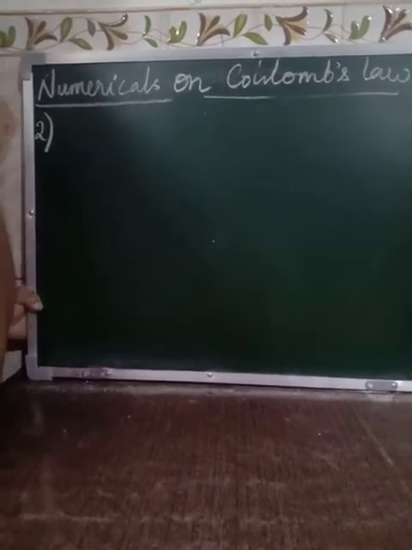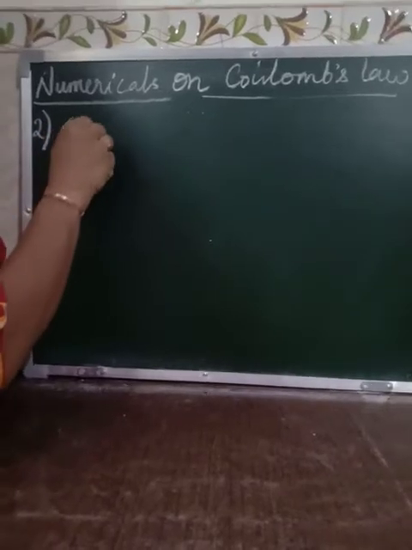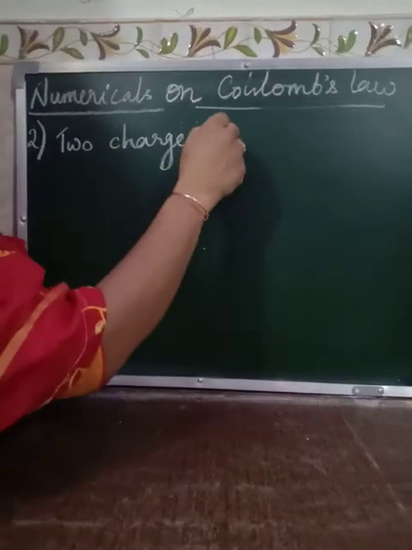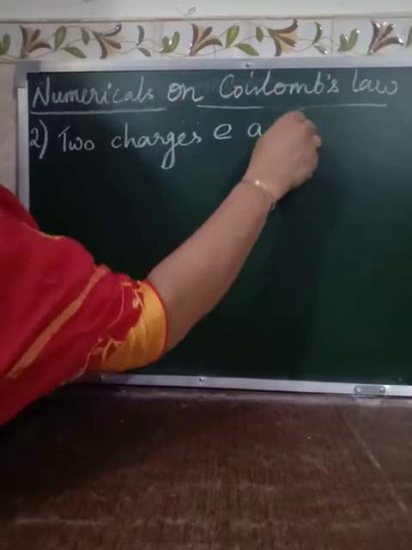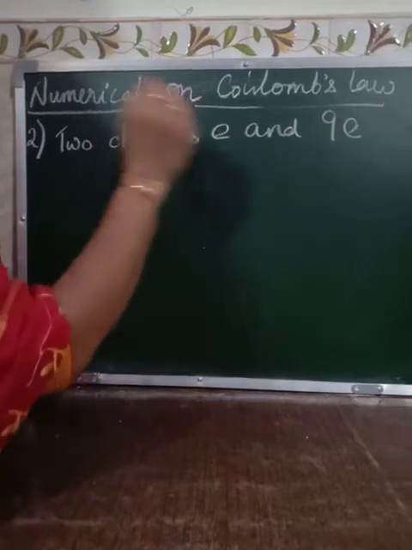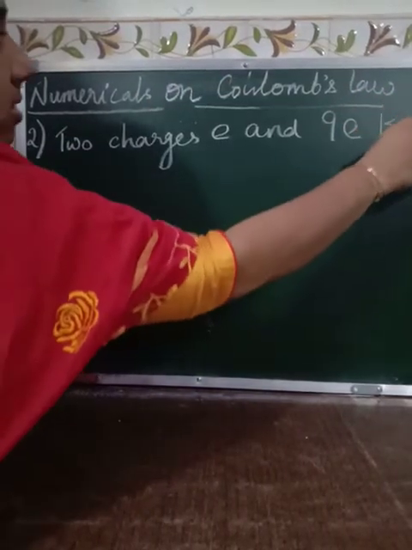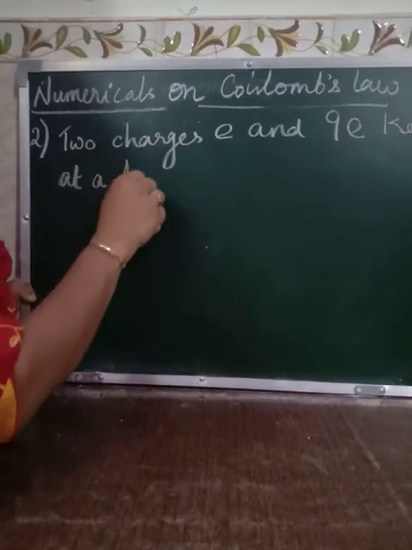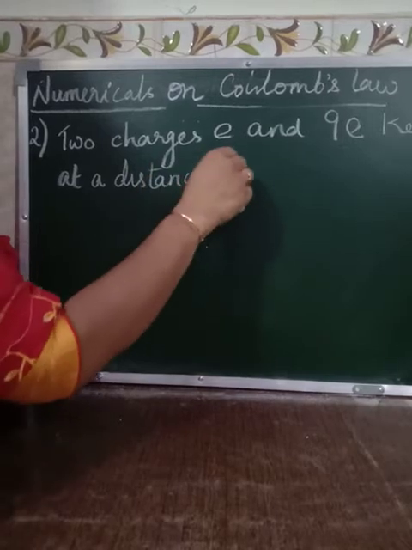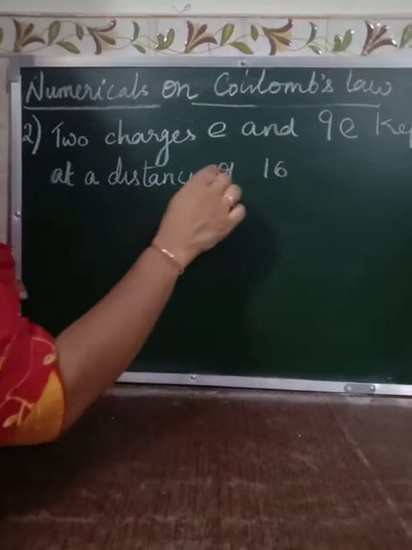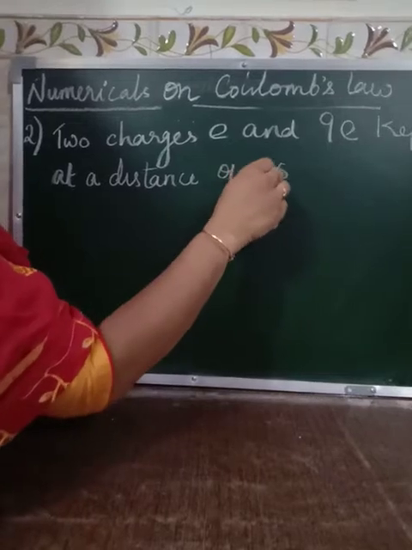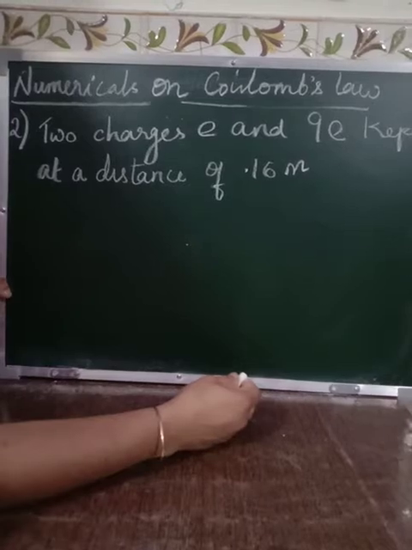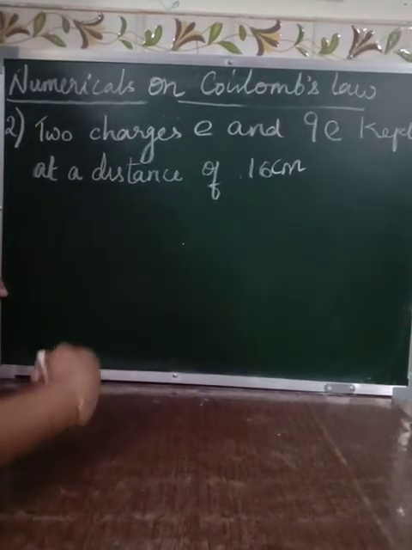Two charges E and 9E, both positive, are kept at a distance of 16 centimeter, that is 0.16 meter.